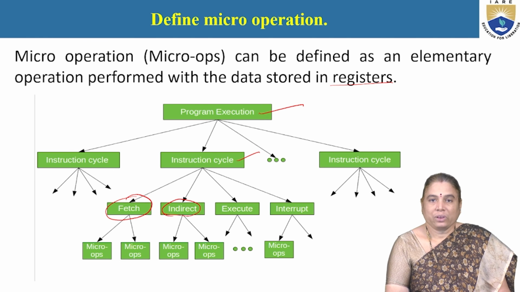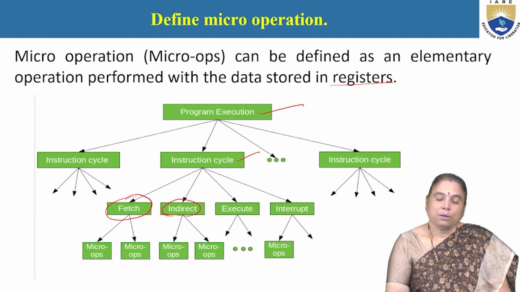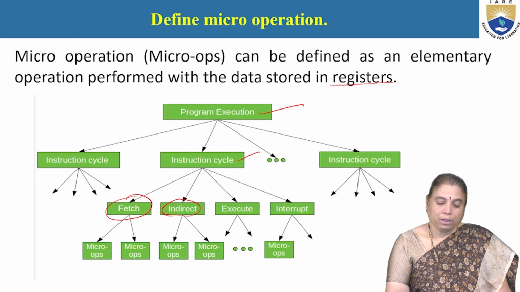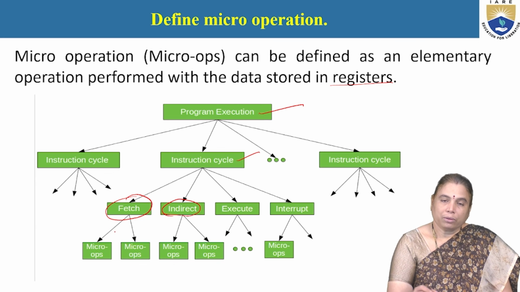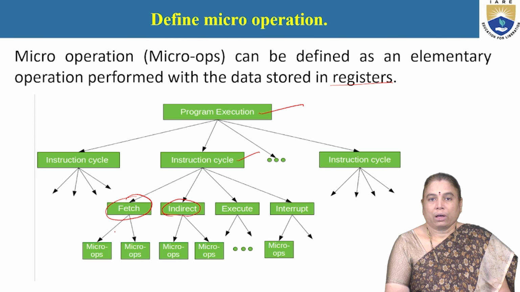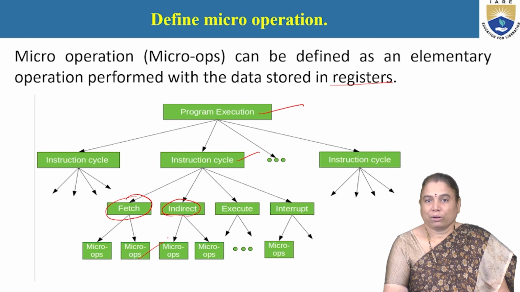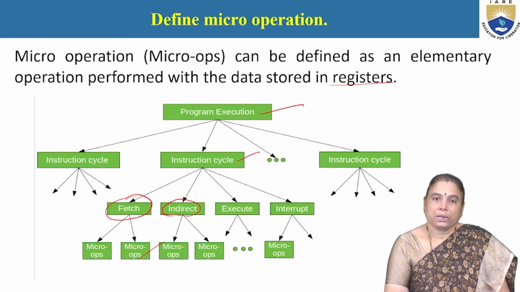These are the steps generally involved during the program execution or instruction cycle. After fetching the instruction format, the opcode specifies the micro operations. A variety of micro operations are available: arithmetic micro operations, logical micro operations, and shift micro operations.